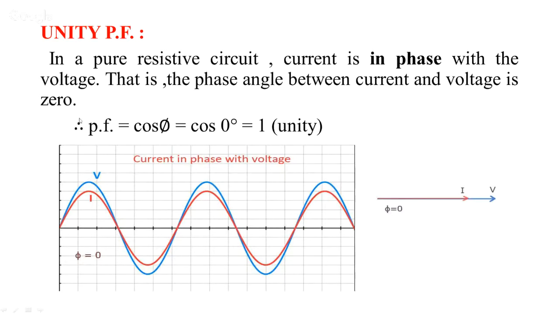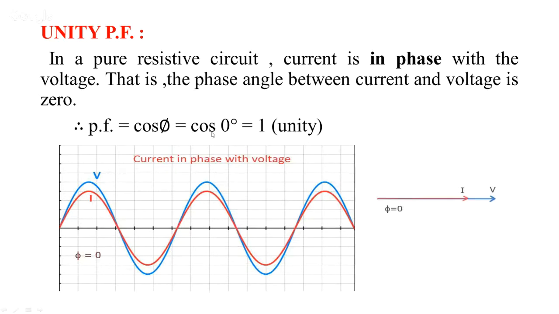Now, what is the power factor? Power factor is nothing but the cosine of the angle between the voltage and the current, represented as cos phi. In this cos phi, for phi, we put 0, because here the angle between them is 0.